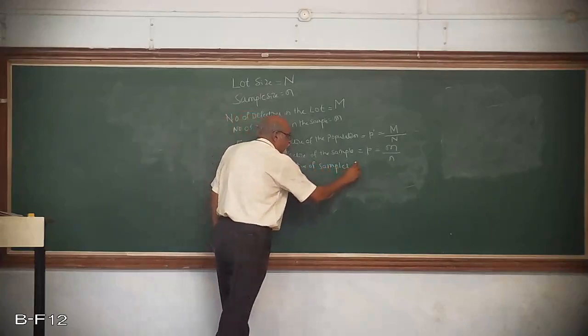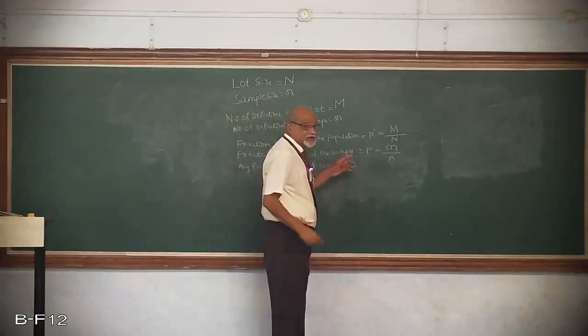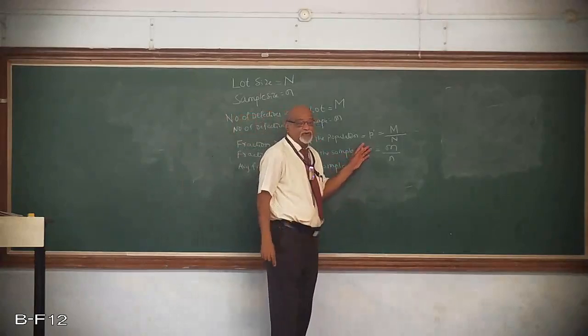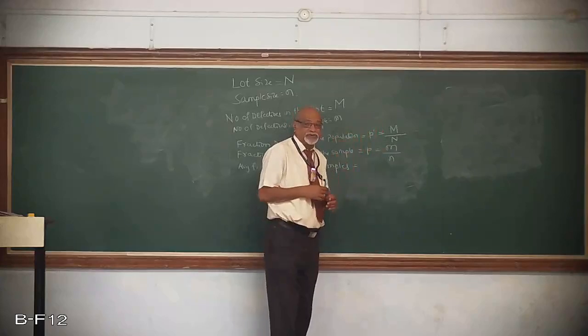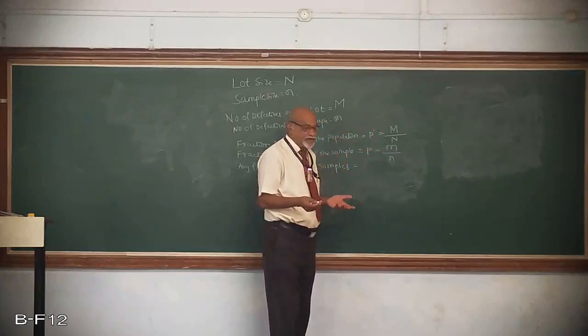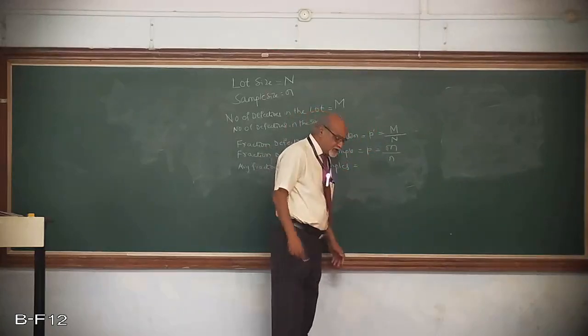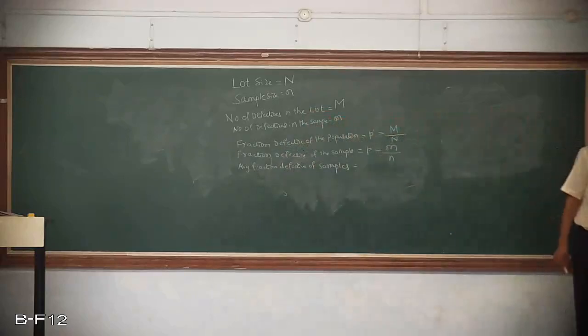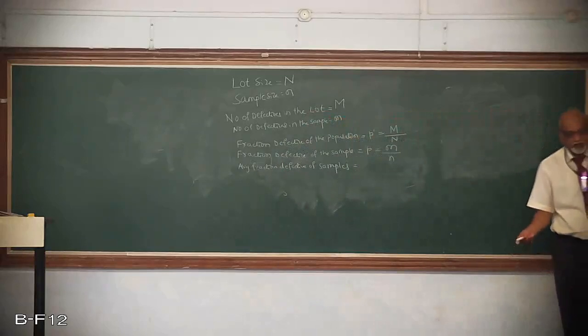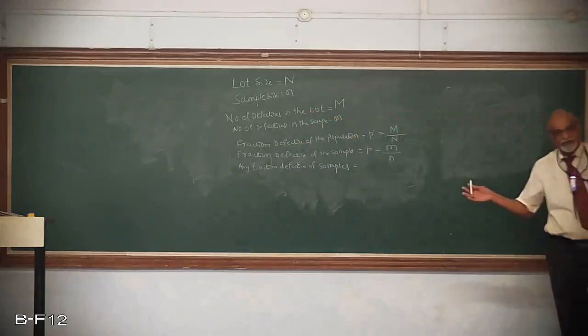This is equal to what? How many samples are taken? For each sample, I am going to find out P. That means P1, P2, P3, P4 like that. Likewise, I might have taken 10 samples, so divided by 10. That means that is its average. That is what we are already conversant with, because when we discussed the control chart for attribute, especially the P chart, that is how that P bar was found out. Same thing.